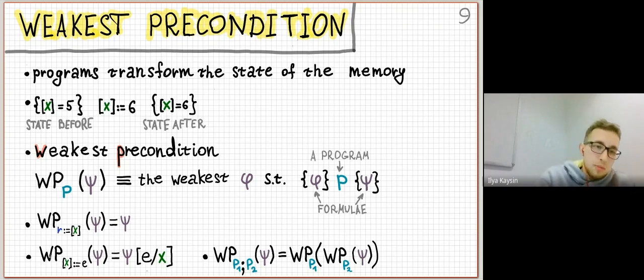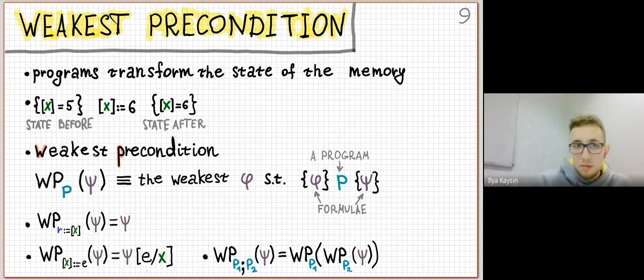Right? So, for example, if we apply this rule to our example, we have that the weakest precondition of writing 6 to X of the formula X equals 6 is 6 equals 6. Yeah, so we replace X with 6 and get 6 equals 6, which is a tautology.